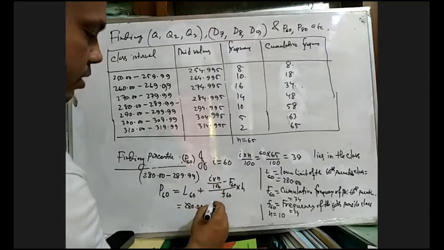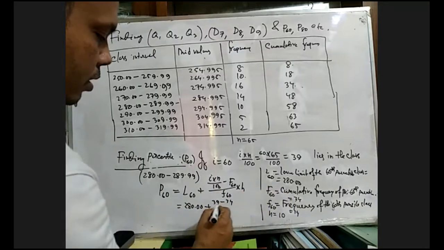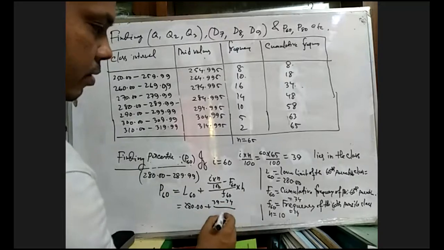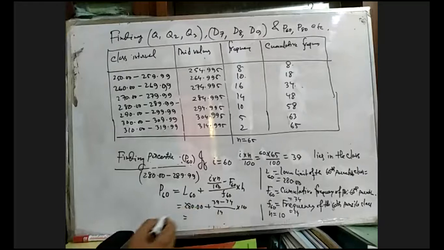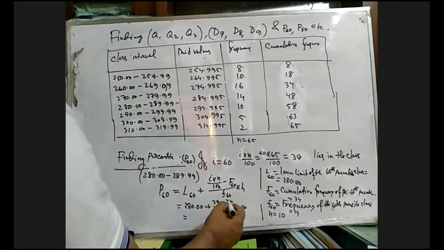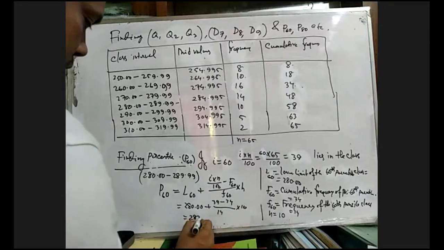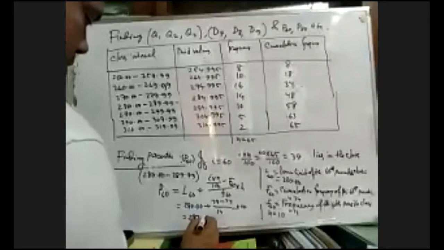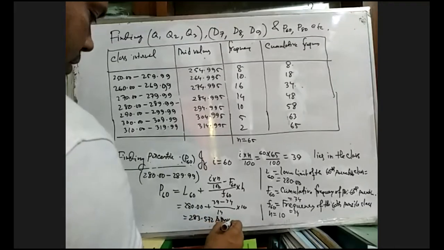So this value will be 39 minus 34, divided by 14, multiplied by 10. The result is approximately 283.572.